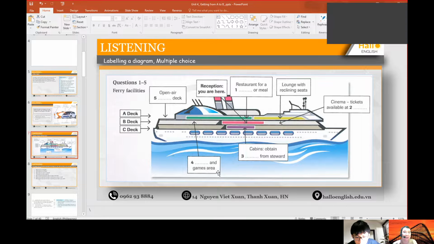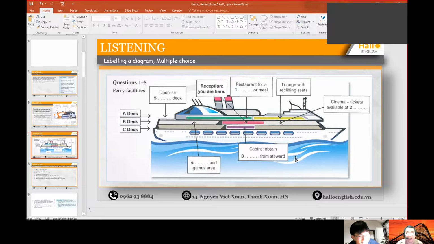I think it's B, and games area. So deck B and games area. And number five, open air, deck A.